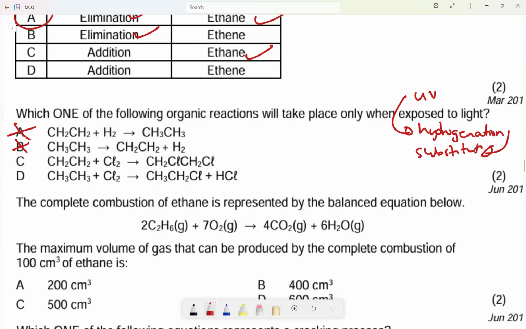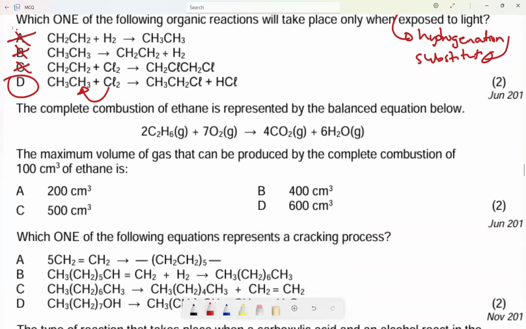This one is addition, can you see? They added here. So the most correct answer is this one. Know your reaction conditions very well. It is halogenation that we find in substitution reaction. So here I substituted 1 H with Cl. Then I get that. Very, very interesting.